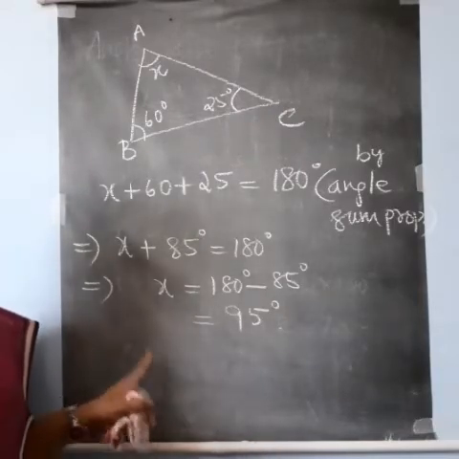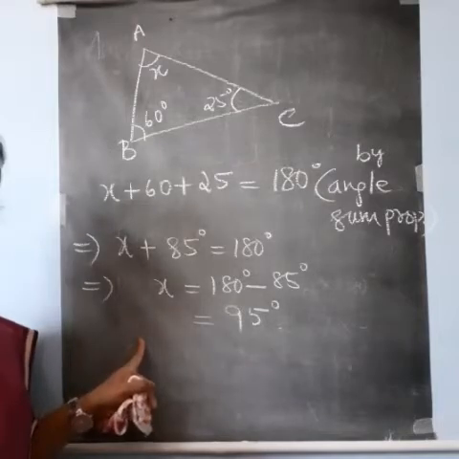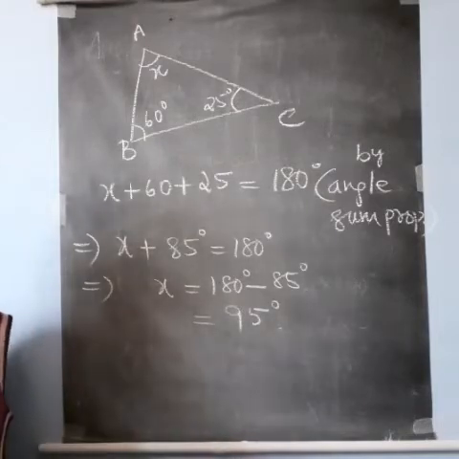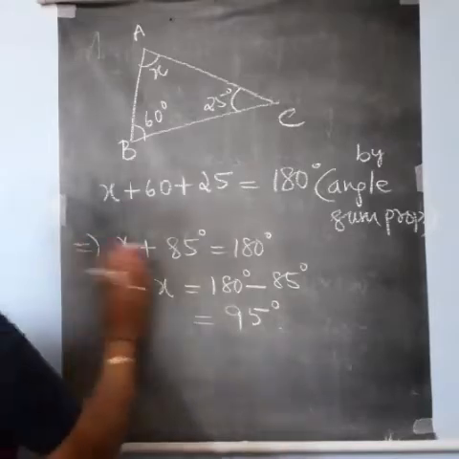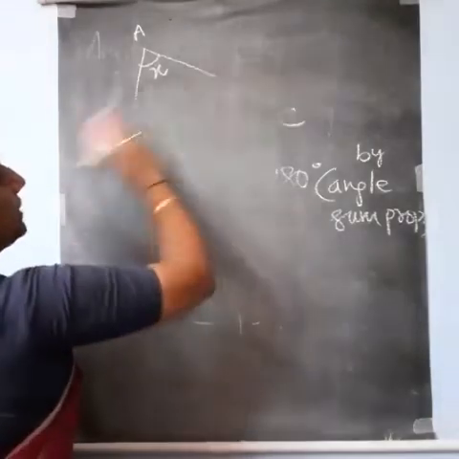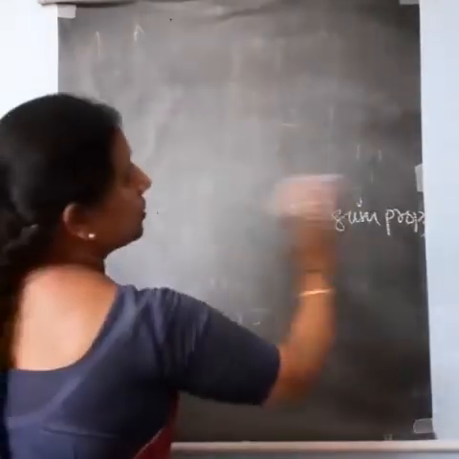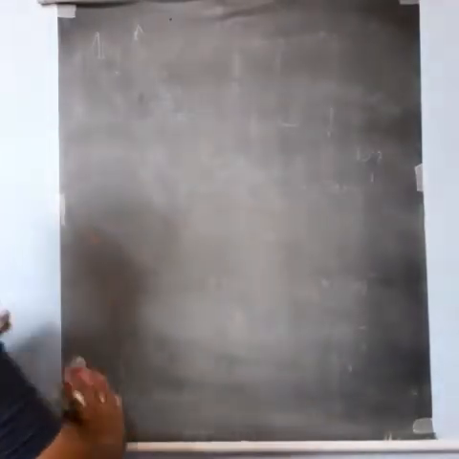Now let us see how this can be done for unknown values in a quadrilateral. Okay, in a quadrilateral, what is the angle sum property? It is going to add up to 360 degrees, right?